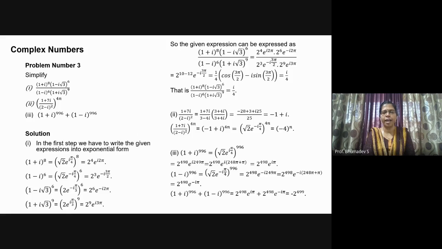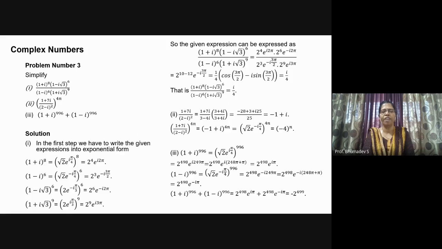Then they are asking us to find the simplified answer of 1 plus i the whole power 996 plus 1 minus i the whole power 996. Separately, we will write down the expressions in exponential form. 1 plus i the whole power 996 can be written as root 2 e raised to i pi by 4 the whole power 996.